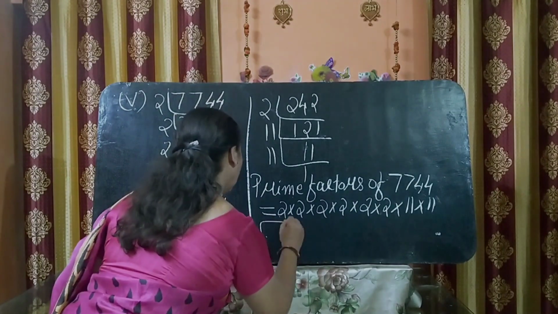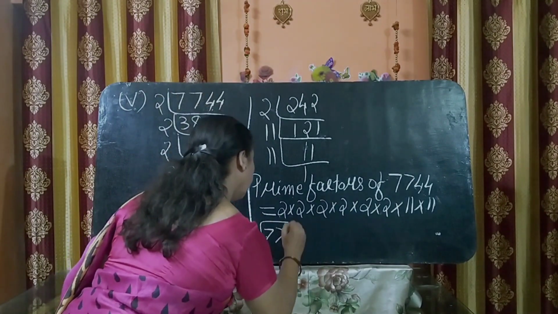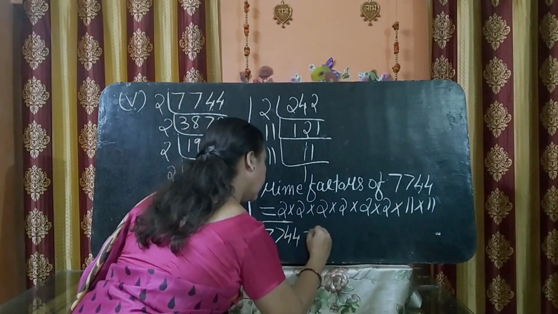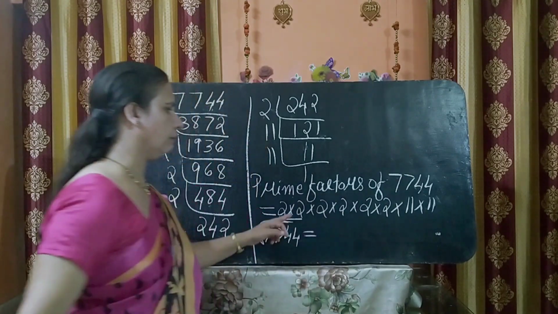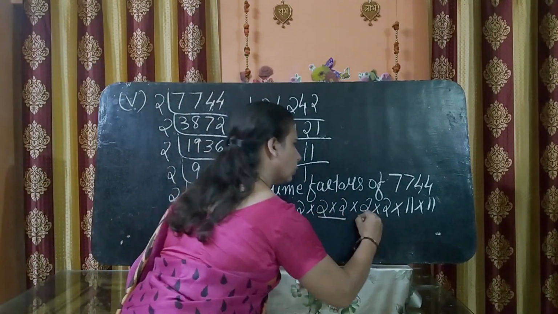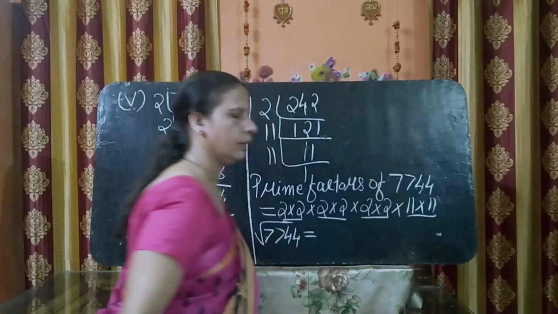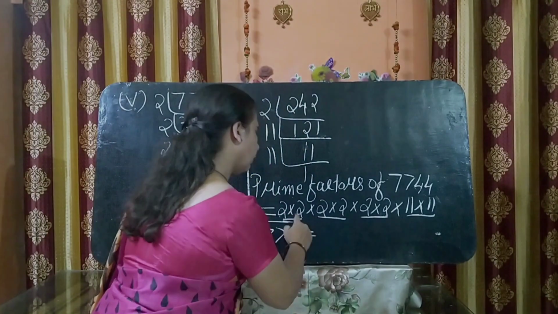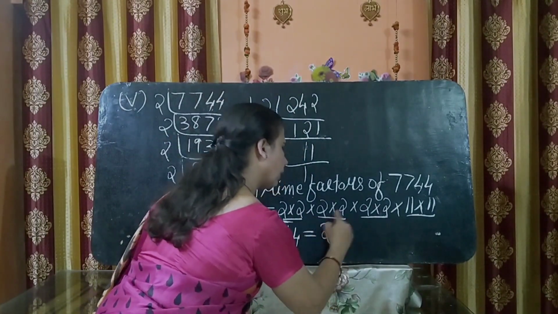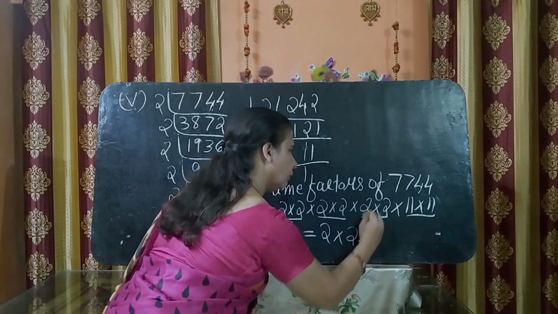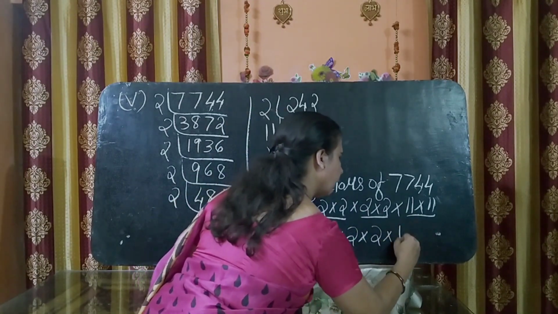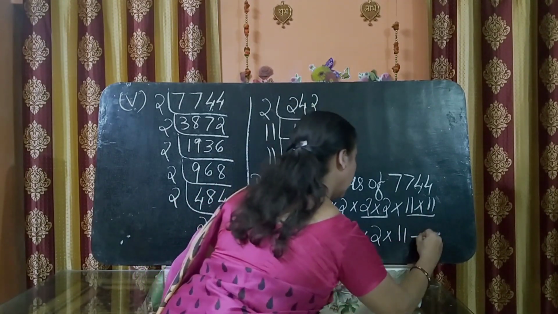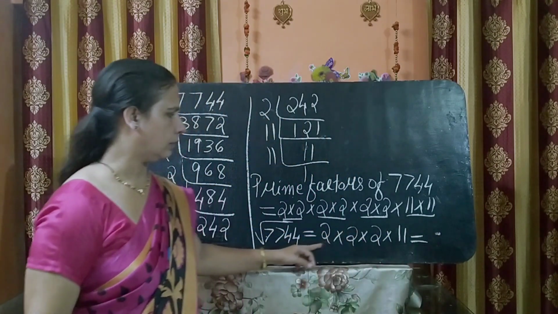Then square root of 7744 equals, make pair this one. 2 2, 2 2, 2 2, then 11 11. Take from 2, 1 2, from these 2's 1 2, from this also 1 2, then from 11 1 11. Then multiply these digits.